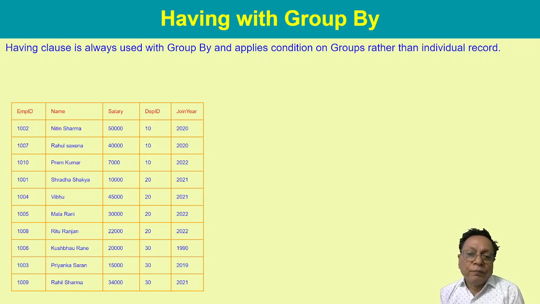Here there are three groups, department ID 10, department ID 20, and department ID 30. I want to apply having clause along with the group by. So this time I am going to apply having with department ID 30.